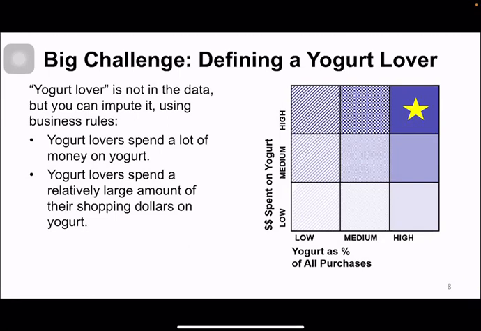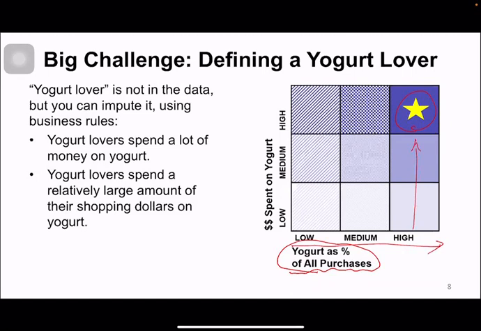So if you plot your customer spending with a histogram, the x-axis is yogurt as a percentage of all purchases.